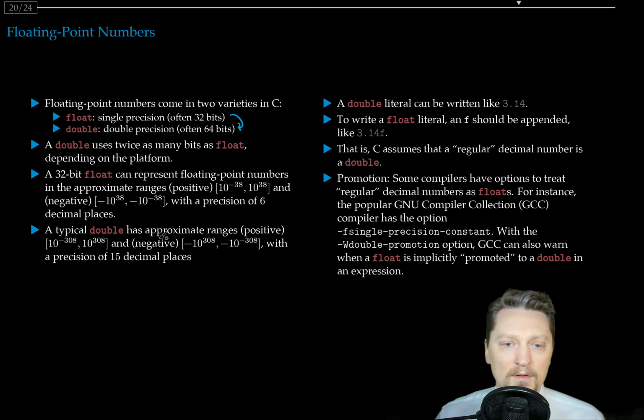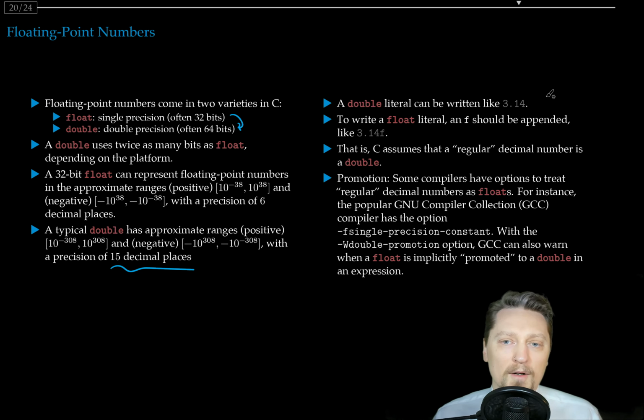A typical double has approximate ranges positive from 10 to the negative 308 to 10 to the 308, and negative 10 to the 308 to negative 10 to the negative 308, with a precision of 15 decimal places, so more decimal places.